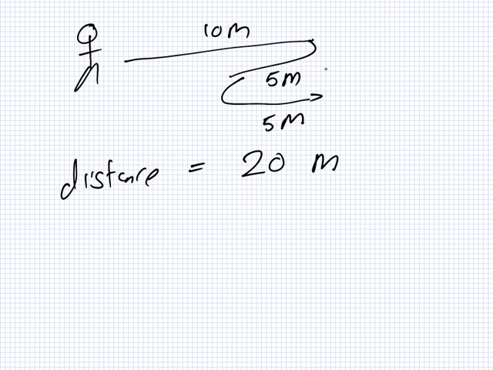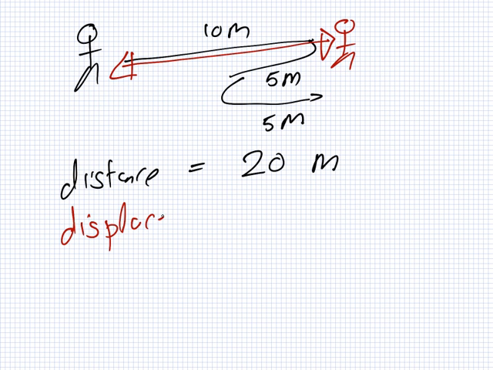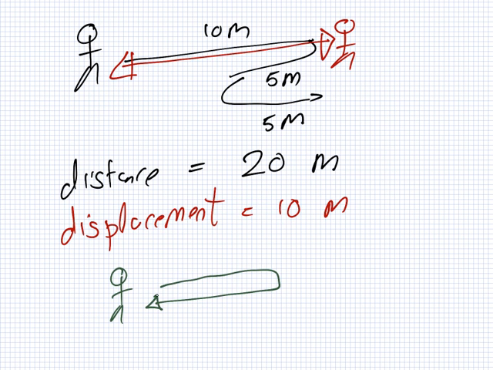However, the man is here now. His displacement is only 10. Can you see the difference? Yeah? So what would happen if the man walks 10 and then 10? 0. Yeah, displacement would be 0, but distance would be 20.